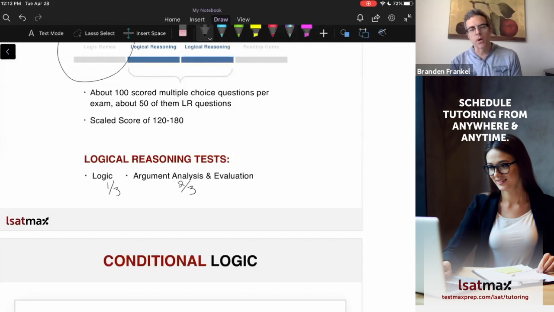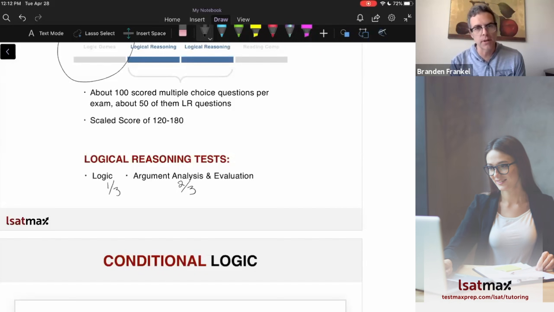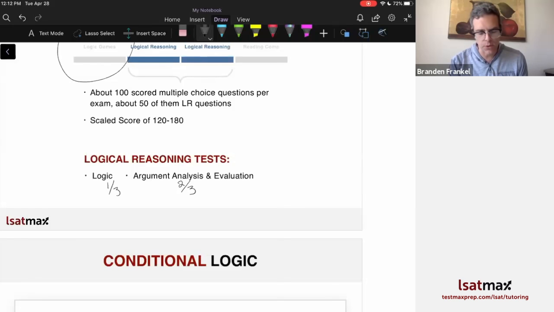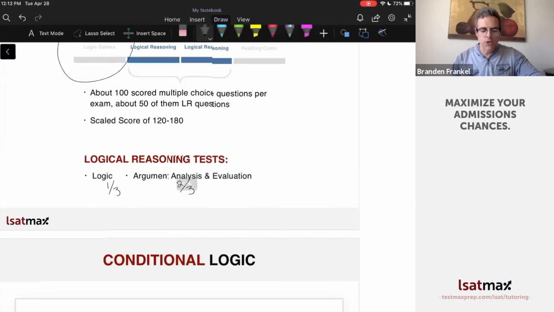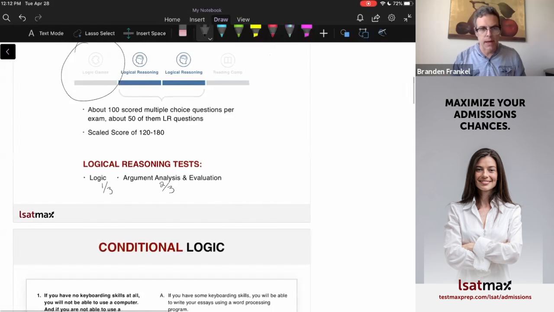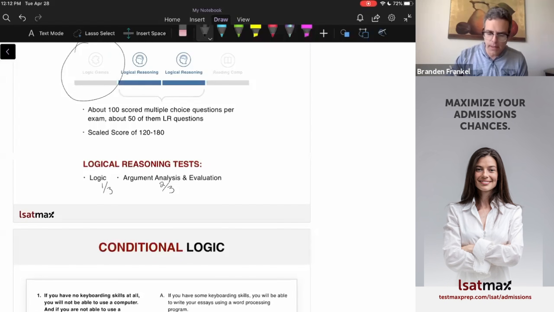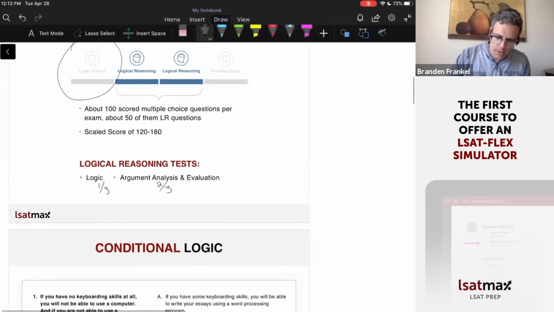Luckily, math, for the most part, is not really tested on the LSAT. There are some mathy concepts that are tested on the LSAT, and we'll actually see 1 or 2 of those. But that's the basic idea. And so let me show you how logic will work on the LSAT. So let's say I gave you these 2 statements.